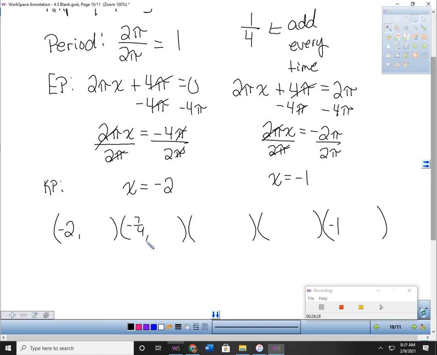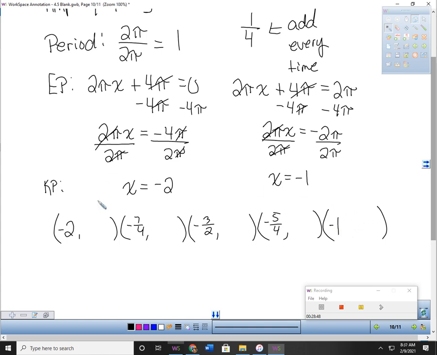If I take that and add 1/4, I end up with negative 3/2. If I take that and add 1/4, I end up with negative 5/4. And then if I add 1/4, I should end up with negative 1, which I do, right?